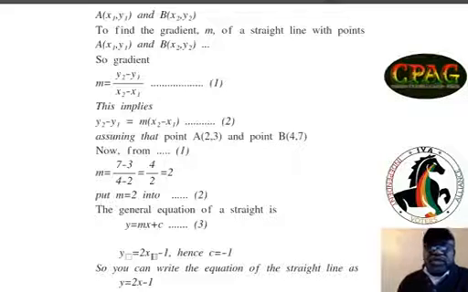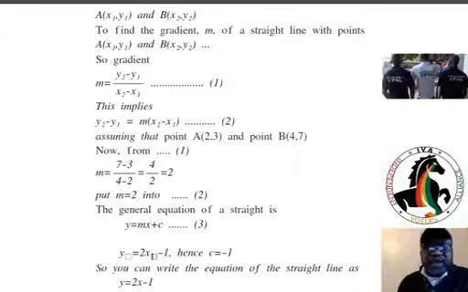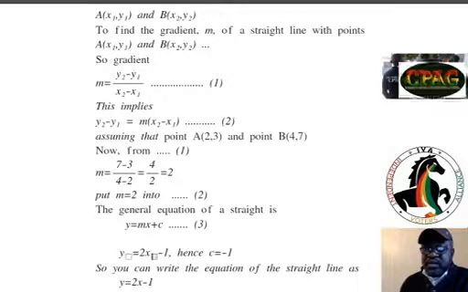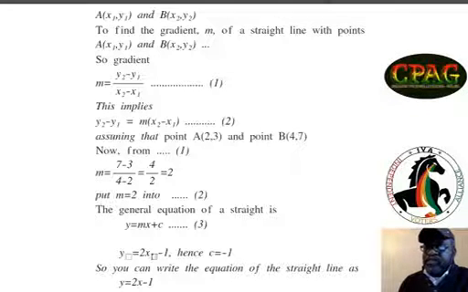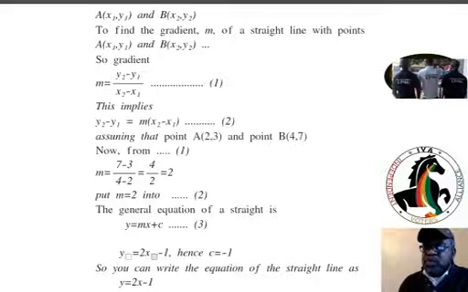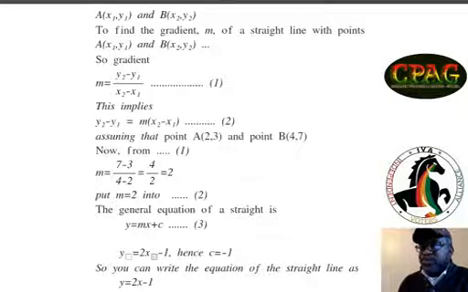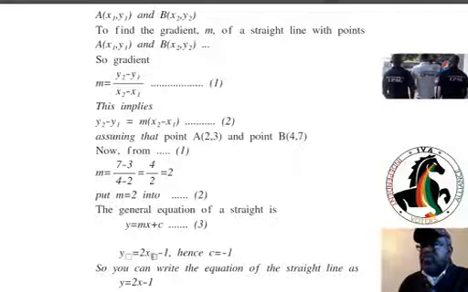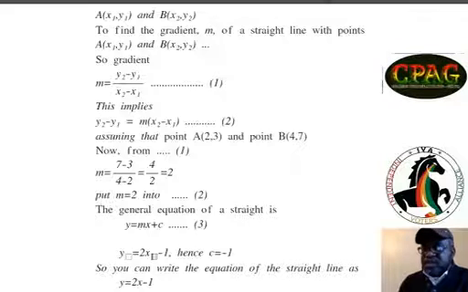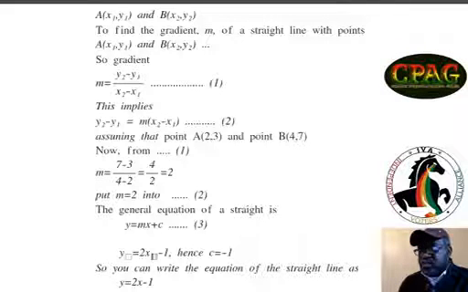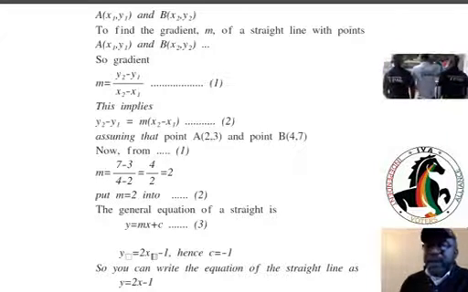m is equal to y2 minus y1 over x2 minus x1. Note very well, if you start with y2, you have to start with x2 in the denominator. So it has to be y2 minus y1 over x2 minus x1.